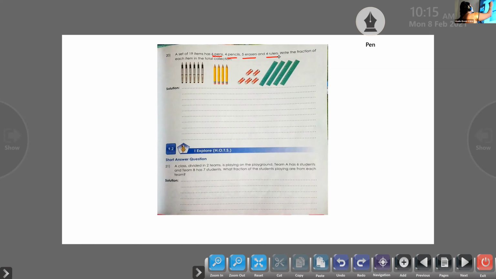What will be here? 6 pens are there, 4, 5 and 4. Total item is 19 items. So what will be the fraction of pen? Yes, Arthur. 6 by 19.